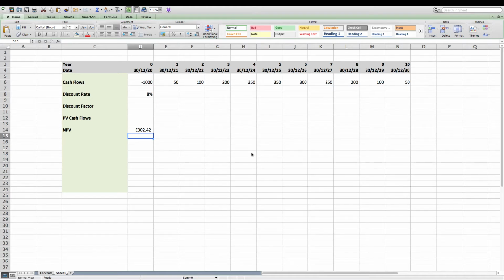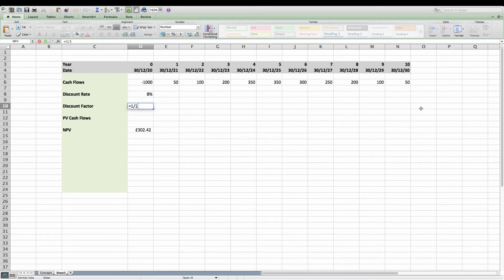Now, another way to look at this calculation, which is a more intuitive way, is that we calculate the present value of each of these cash flows individually to illustrate how the NPV function actually works in practice. So first things first, we calculate the discount factor. Now, how do we calculate that?